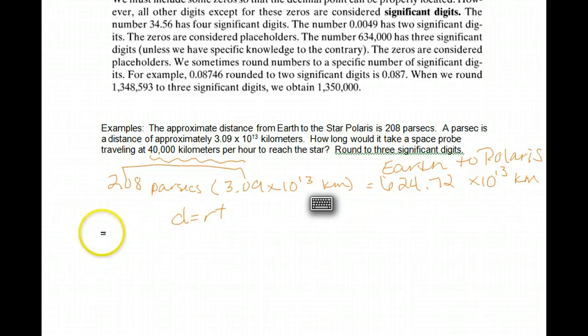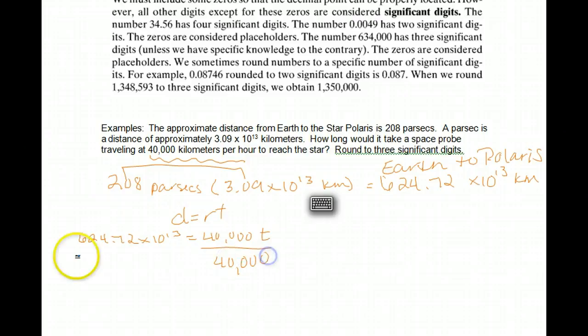So I'm going to go ahead and pencil in 624.72 times 10 to the 13 for my distance. And my rate is 40,000 kilometers per hour times my time. In order to solve for time, we want to divide by 40,000.